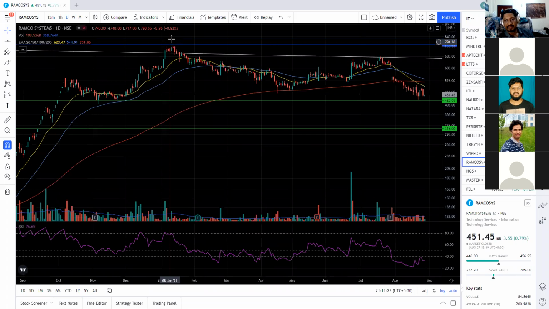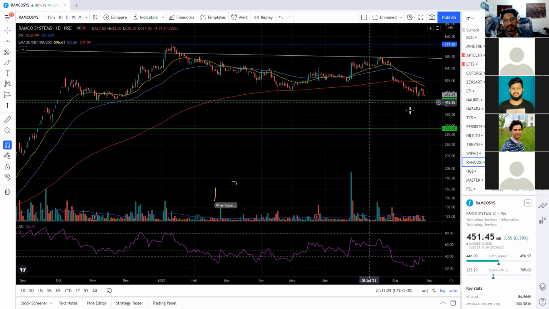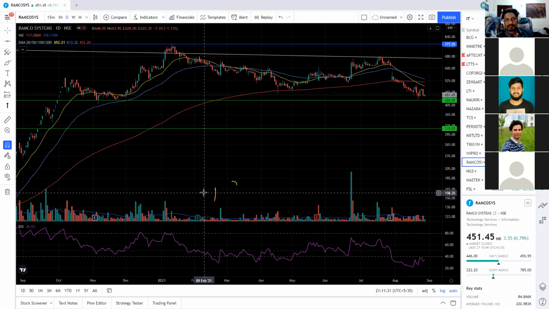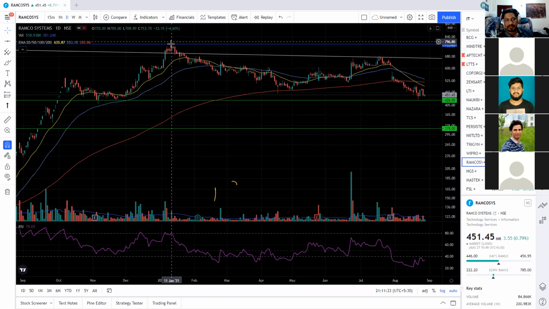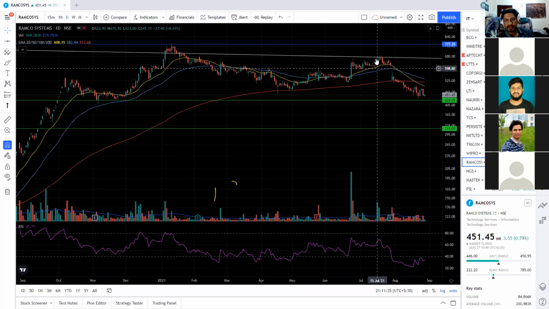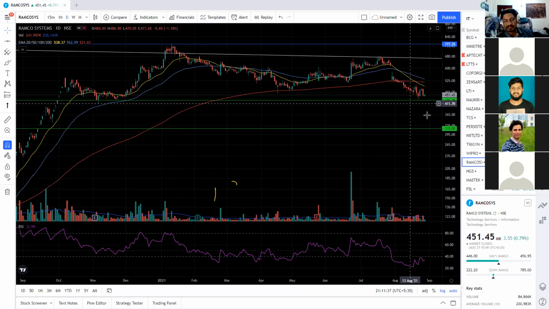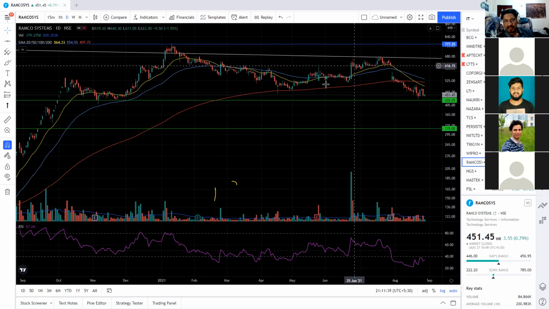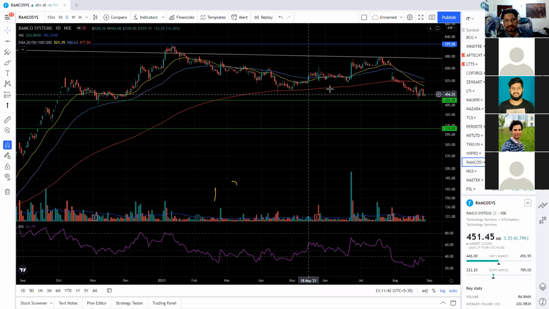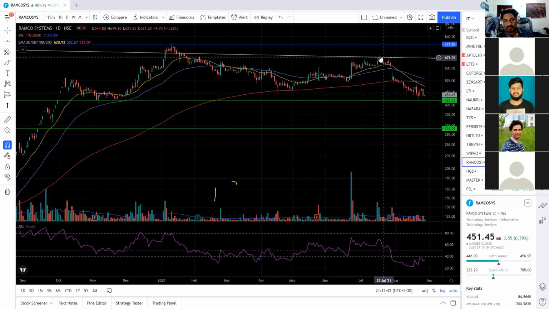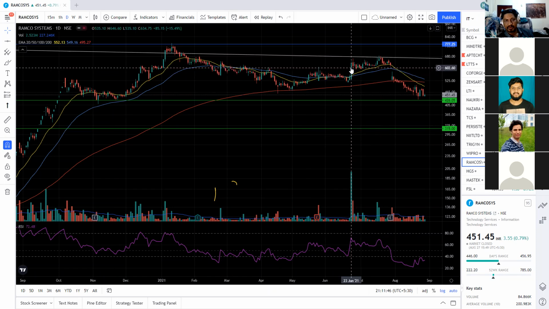Up to 800 the price went, and now it is 450. A deep correction happened. If you knew that this line will act as a resistance, then even if you missed it here, at least from the reversal point you would be cautious and trail some profit.